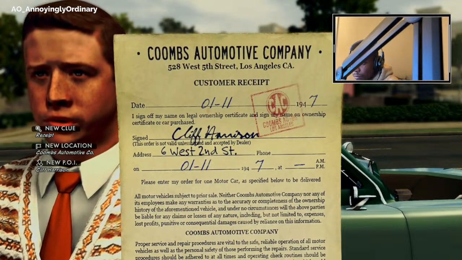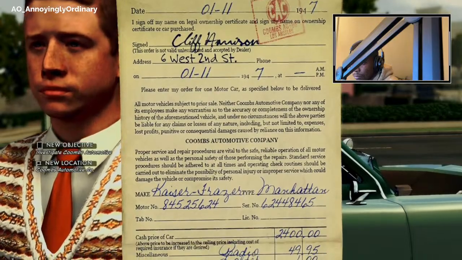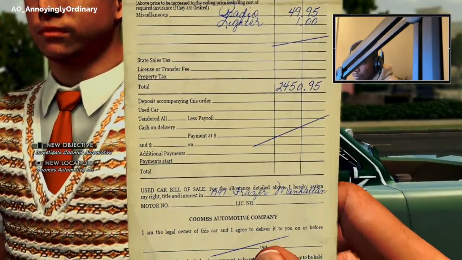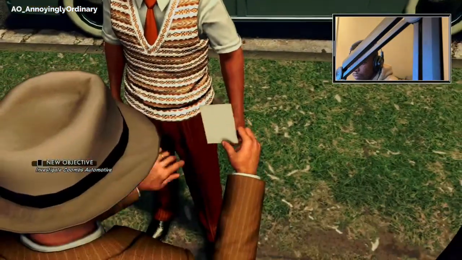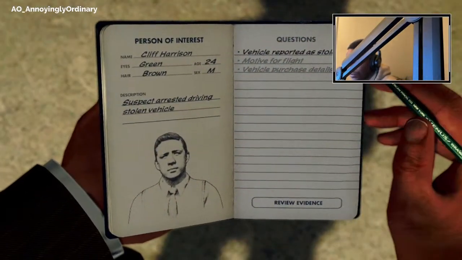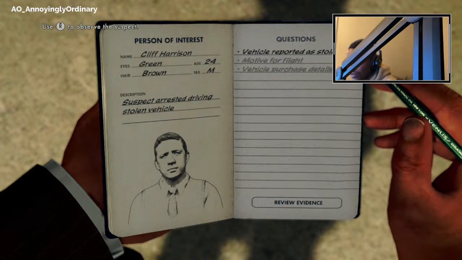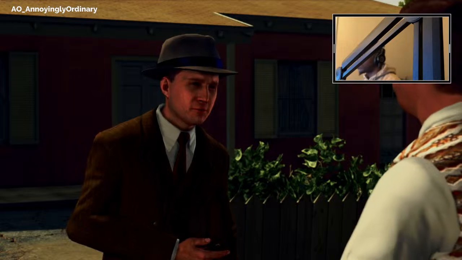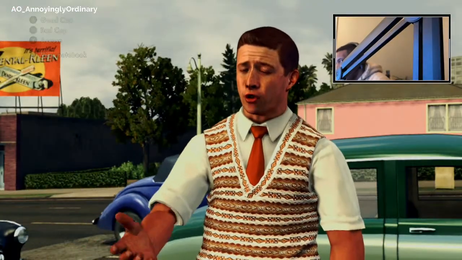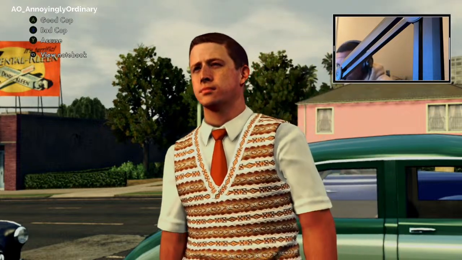Looks like we'll have some questions for the people at Coombs Automotive. Robot a stolen vehicle. You purchased this car from Coombs Automotive Company? Yeah, that's right. Okay.